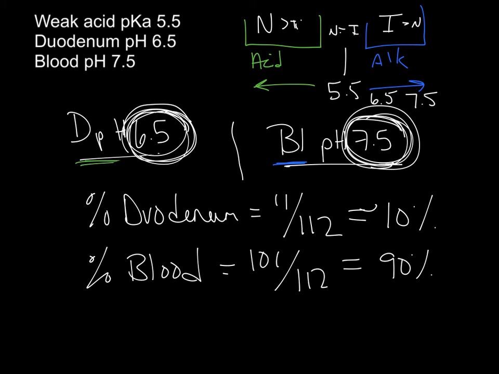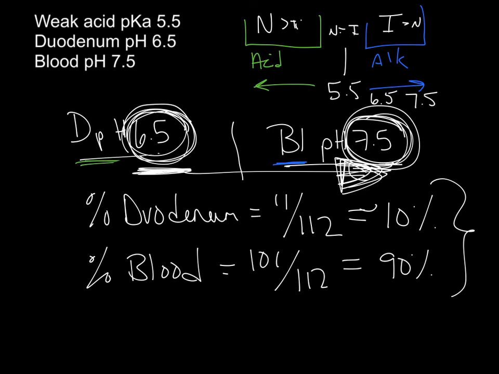So relatively, you can see that even if we're ionized in both states, there's still going to be a net movement, this being a weak acid, from the acidic pH, the lower pH, toward the higher pH, where it's just going to be more ion trapped. And that's exactly what we see with 10% and 90%.